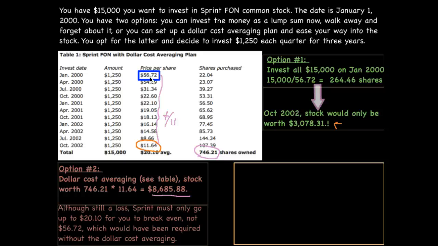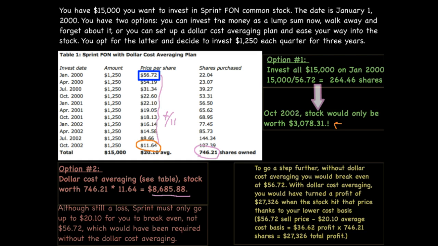Now think about what would have happened if the price were to go back up to that and we had dollar cost averaged. Well, we would actually have a fairly large profit. If you read here, without dollar cost averaging, we would have broken even at 56.72 as I said, but with dollar cost averaging, we would have turned a profit of $27,326 when it would actually have gone back up to hit that price.